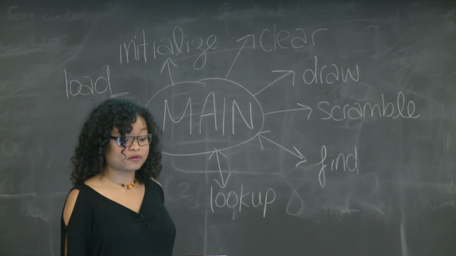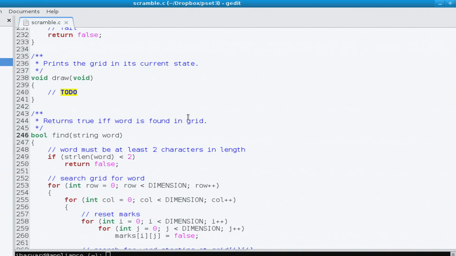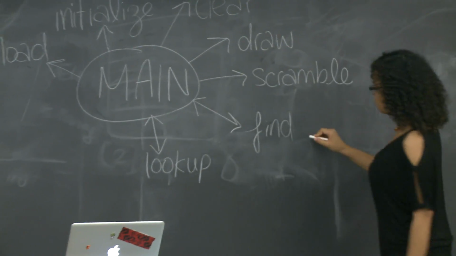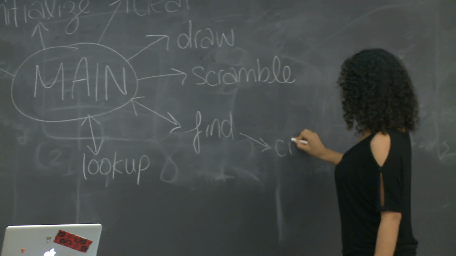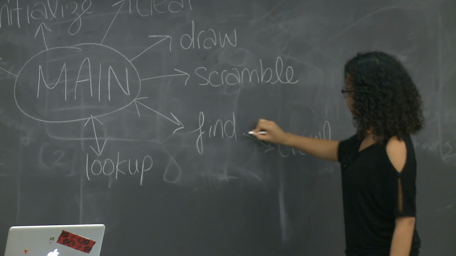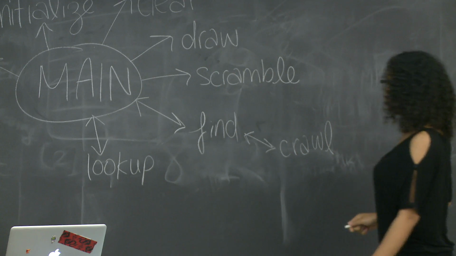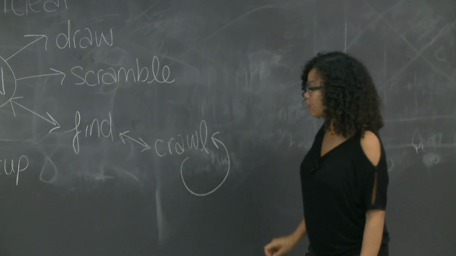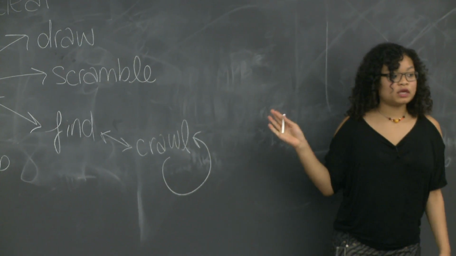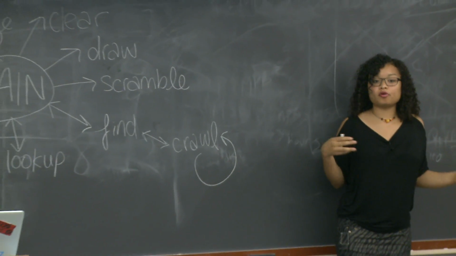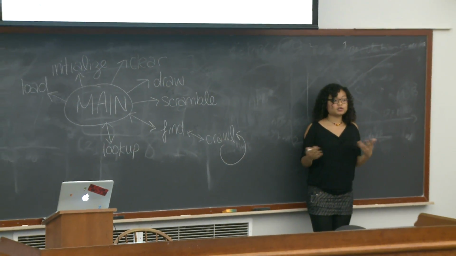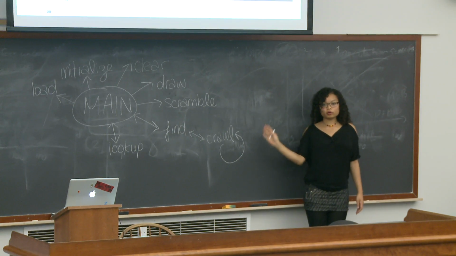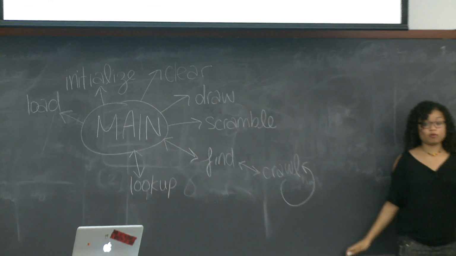If you search back through the distribution code, you see that find is the one that uses crawl. So find also links to crawl, which is a Boolean function, which returns something. So I'm adding another thing. And since crawl is recursive, it also loops back on itself. So here I've drawn a picture of what our program looks like. Understanding the relationships between certain functions, you also see the order of the game and the logic of how the game program is going to proceed.